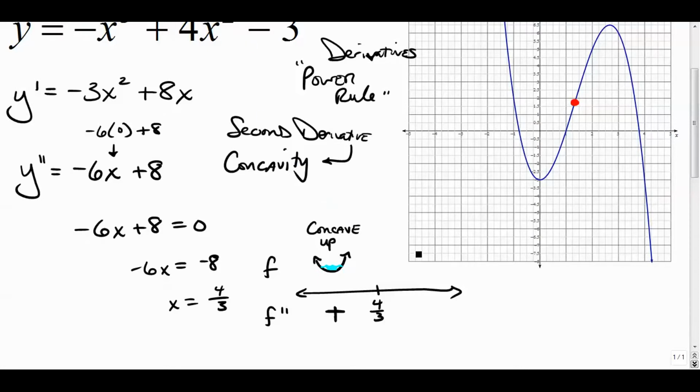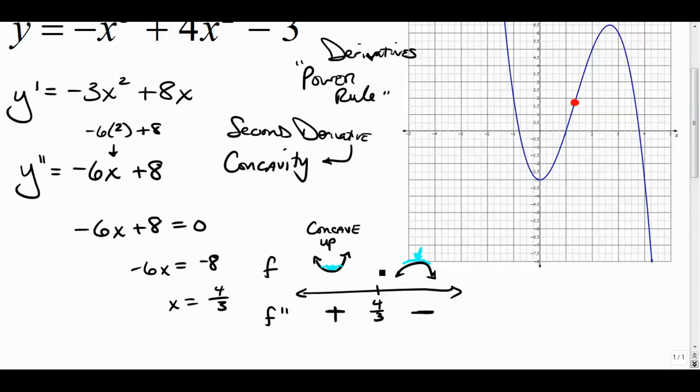Let's pick a number to the right of 4/3. How about 2? So let's plug in 2 into our second derivative. We get negative 12 plus 8. That's a negative 4. So that means the graph is concave down. That means it wouldn't hold water. It would kind of repel water.